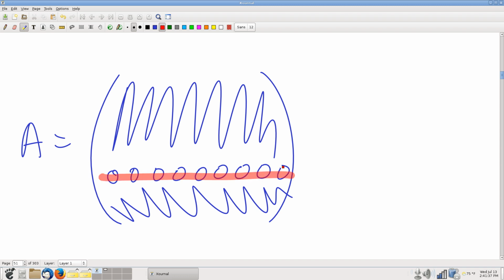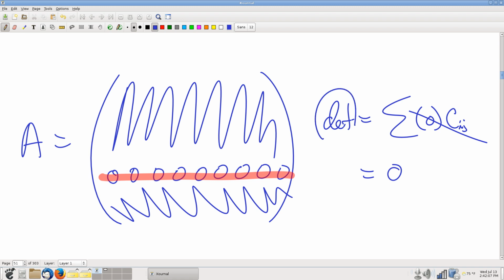Let's choose cleverly that row, and note that our formula then becomes that the determinant is equal to a summation of, as we move along this row, the entry of the matrix times the corresponding cofactor, but who cares, because it's being multiplied by 0. So all of these terms are zeros. We're adding up a bunch of zeros, and the determinant is clearly 0. So, an easy little proof.